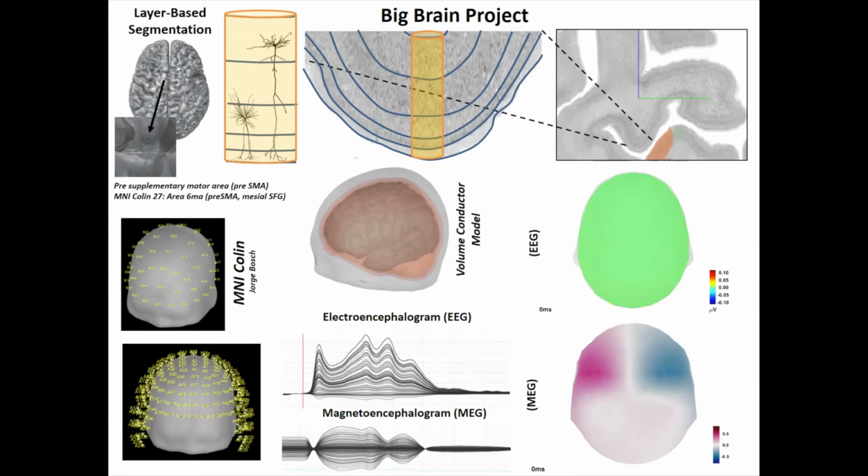And I want to finish my presentation with the video of this calcium spike signature from that particular area in EEG and MEG. And with that, I conclude my presentation.